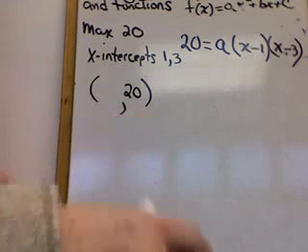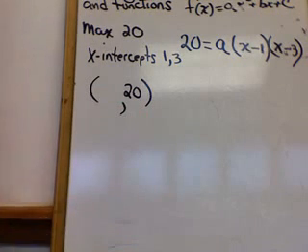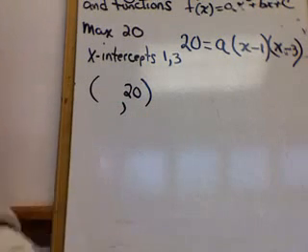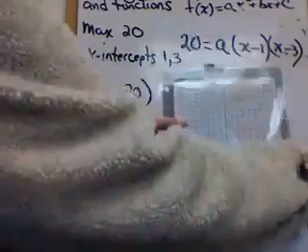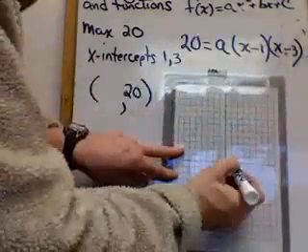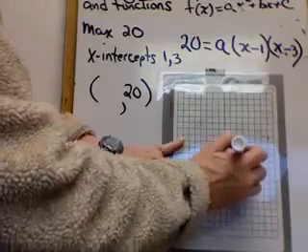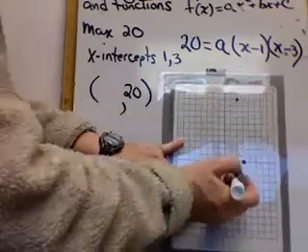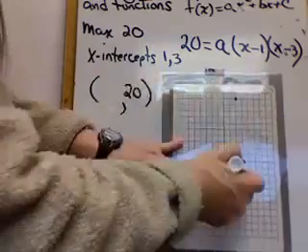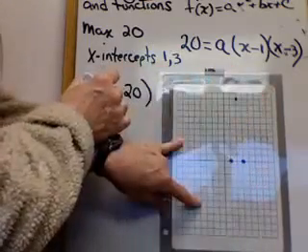Well, remember we talked about the intercepts and where they were on the graph. So if the intercepts are at 1 and 3, and the maximum is somewhere up here, its ordered pair, even though the second part of it is 20, how do I find that part?